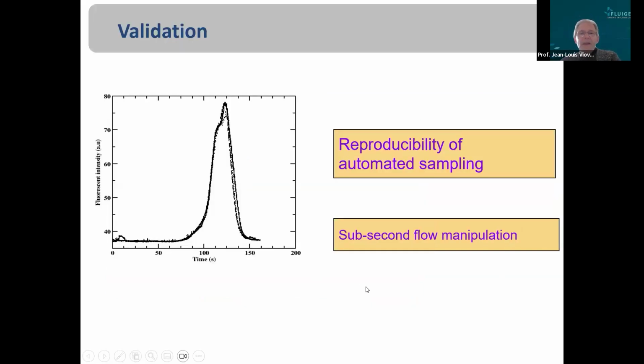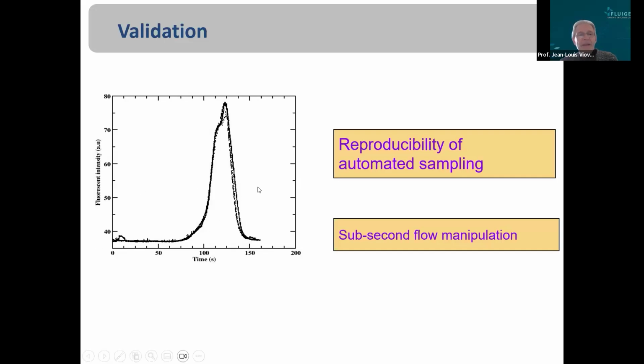And with that, we could obtain subsecond flow manipulation and reproducibility of sampling, which was completely impossible with other means.